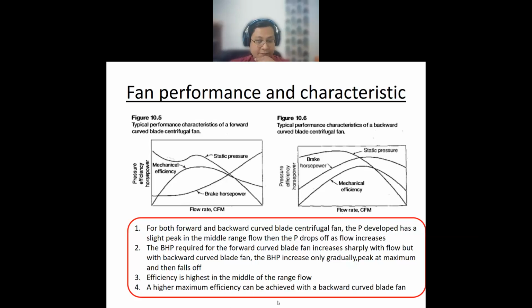A higher maximum efficiency can be achieved with the backward curve blade fan. Of course, if you compare both types, the characteristic is better, so we use this type.